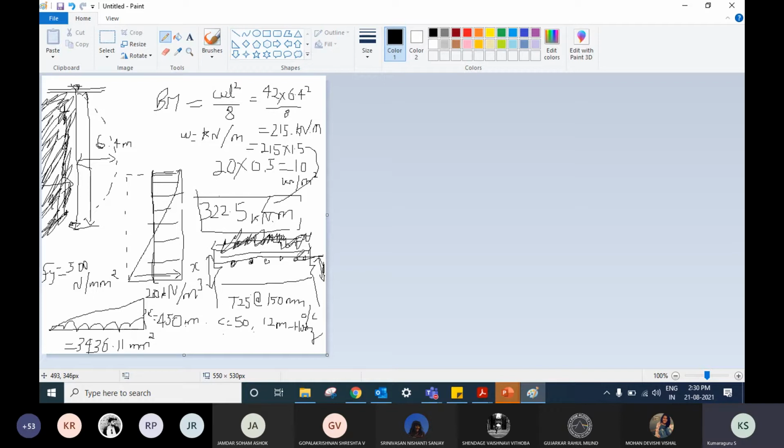Now, the center of this main vertical rebar is at 25 divided by 2. So we should take 450 overall depth minus cover. So 450 minus 50 minus 12, which is the horizontal rebar that is running on the outer layer, minus half of the main bar diameter. What is that value?